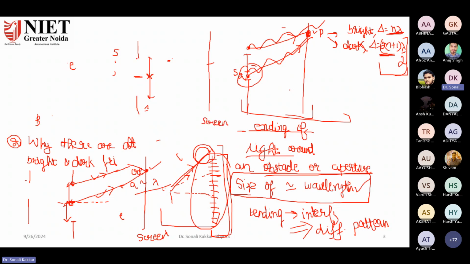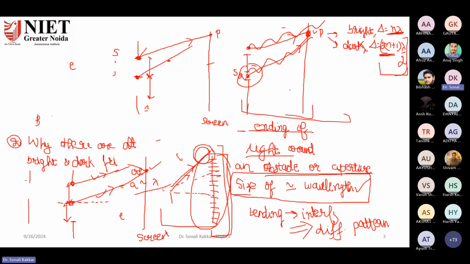So rays from all of the points on the slit will fall on the screen. Suppose from this extreme portion, a ray from this point reaches the screen at point P. We have divided the slit into two portions. So if you have taken the ray from this extreme position, take the ray from the extreme position of the second portion also.